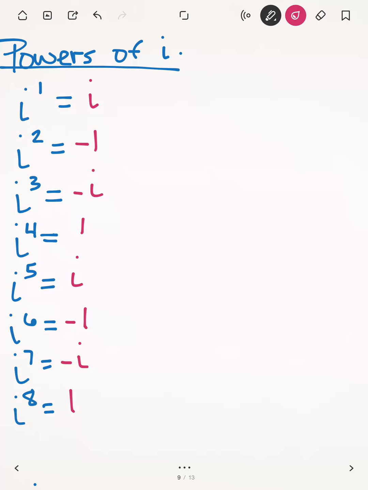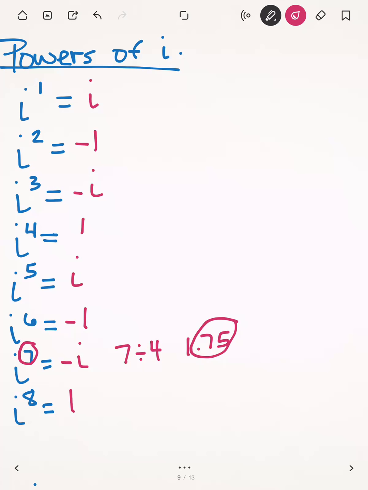If I'm looking at the exponent of 7, and it repeats every 4, I take 7 divided by 4. In my calculator, my outcome is 1.75. What I look for is this decimal, 0.75. If my decimal is 0.75, that means my answer will be negative i.